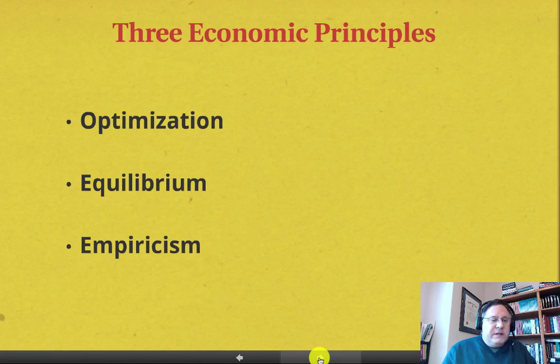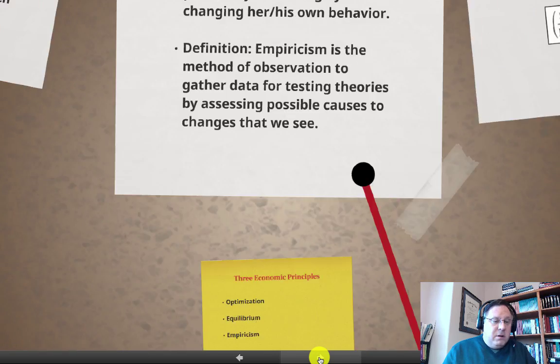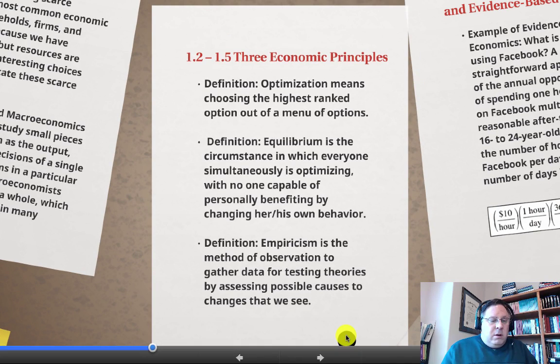Now we come to the three main themes of the economics course, whether it is Econ 1010 or 2020. They are optimization, equilibrium, and empiricism. Optimization means choosing the highest ranked option out of a menu of options. That may seem very simple, but it quickly becomes complex and oftentimes unattainable.